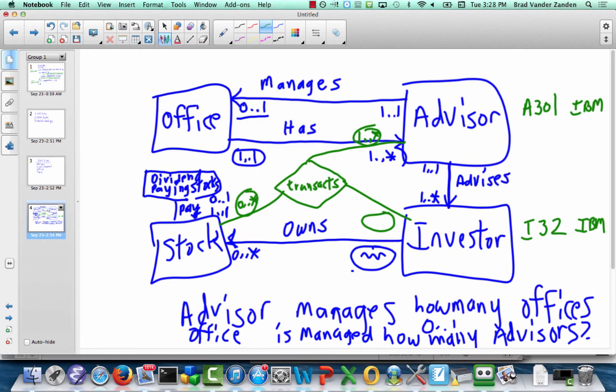I see Kyle nodding his head. Yes. Certainly possible that you'd have several investors with IBM stock. And it could be no one. You might not sell the stock to anyone. So for a particular stock and a particular advisor, it might be 0 to many. Okay?